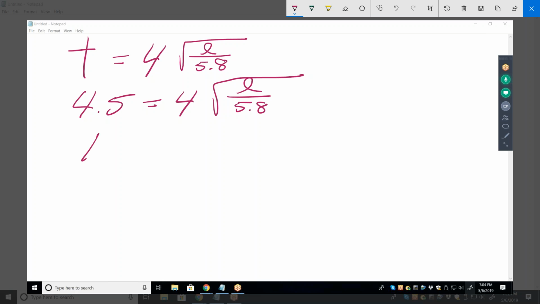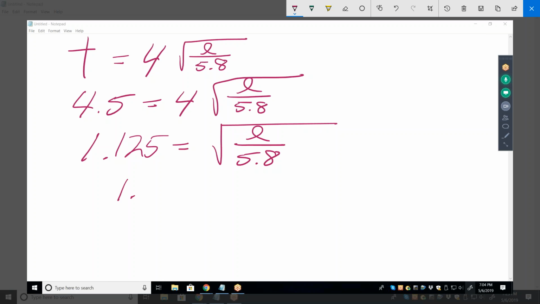You get 1.125 equals root L over 5.8. Then from there, you would square both sides. What's the left side squared? That would be 1.265625.